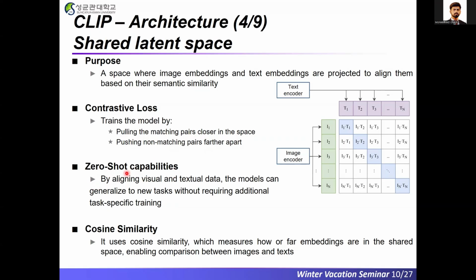Zero shot means the model is able to perform well on data it has not seen. In short, it means having the power of generalizability, making good predictions on data the model has not seen in training. By aligning the visual and textual data, the models can generalize to new tasks without additional task-specific training.